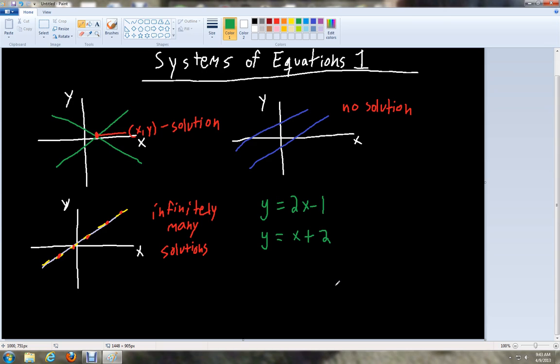Here are our two linear equations, and we're going to graph both of these lines and see if they meet anywhere in the plane. So, x-axis, y-axis. Just remember, the x-axis is the horizontal left and right axis, and the y-axis is the vertical axis going up and down.